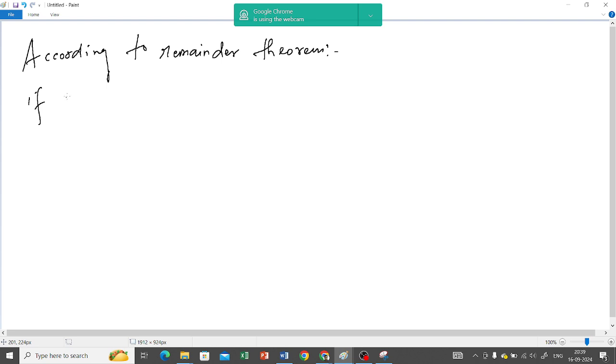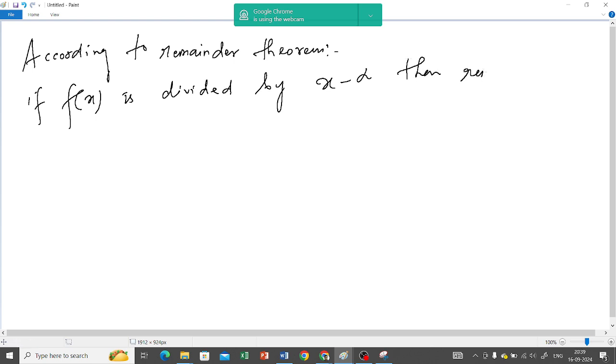if a function f(x) is divided by x minus alpha, where alpha is a constant like 2, 3, 4, 5, 6, whatever, then the remainder is f of alpha.